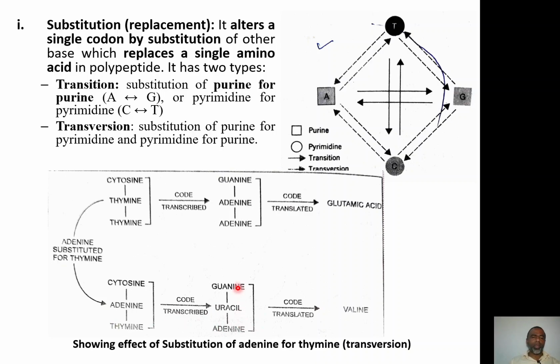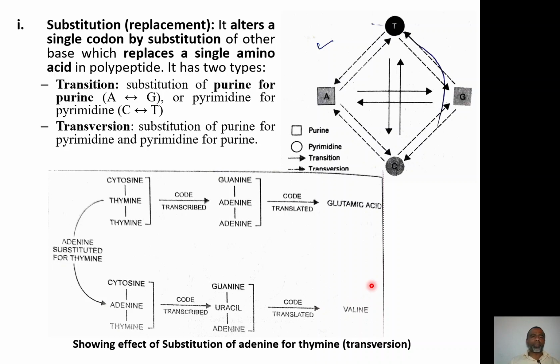Now, what is changed over there? Guanine is similar, adenine is also similar, but the middle base is changed. It was adenine in the normal case, but due to substitution, now it is uracil. So, because this guanine, uracil and adenine will not code for the same amino acid, it will code for a different amino acid, that is valine.